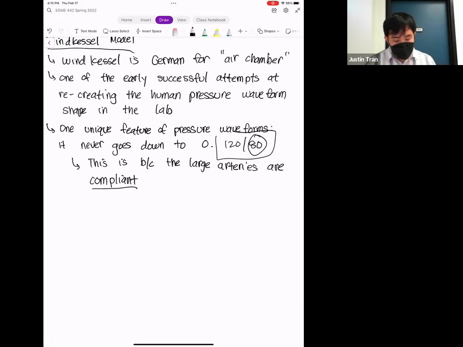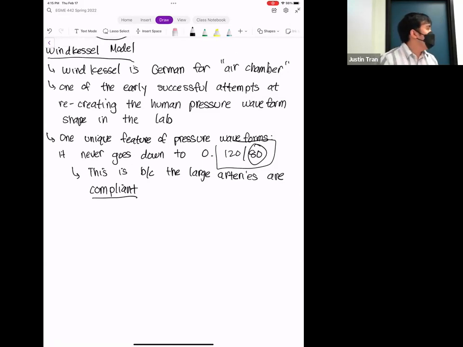Compliant is another word to say that they're flexible, and so they're not rigid tubes. They actually have some give in their wall, so they can expand. And by virtue of that, they can temporarily store blood.